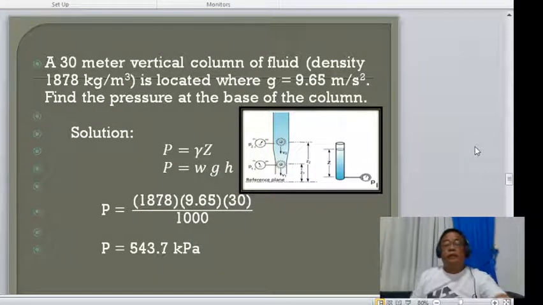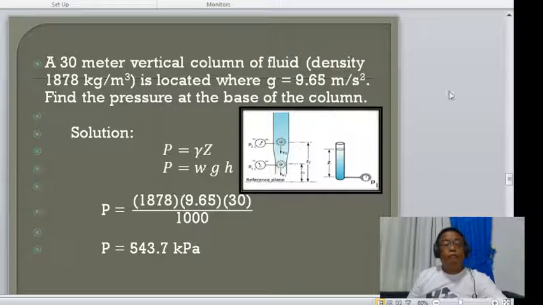Another example. A 30-meter vertical column of fluid, density of 1,878 kilogram per cubic meter, is located where the gravitational acceleration is 9.65 meter per second squared.